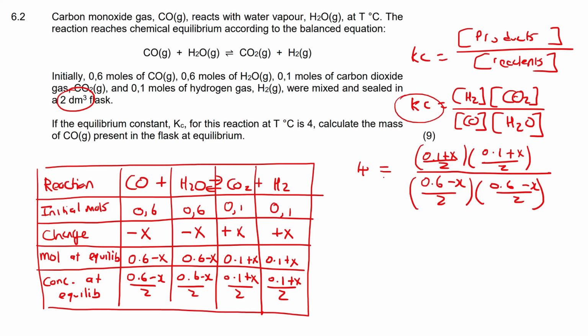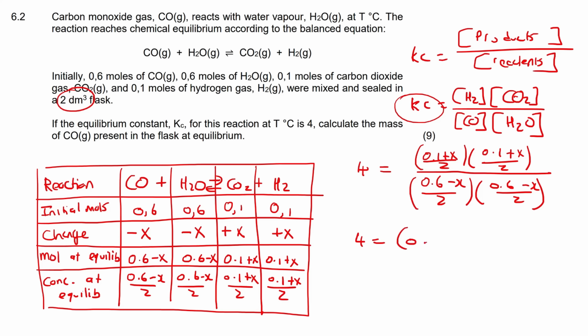Okay, and now it just becomes something that you need to solve. The first thing I want us to just realize, you might have gotten there by a slightly longer way, but let me just speed it up for us. Eventually, when you multiply these two brackets together, you're going to get 2 times 2 at the bottom, which is going to be a 4, okay? And then you're going to do the exact same over here, and you're going to get a 4. Those 4s are eventually going to cancel top and bottom, so I'm just going to cancel them out immediately.